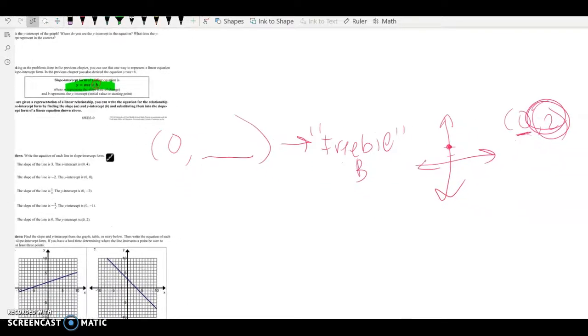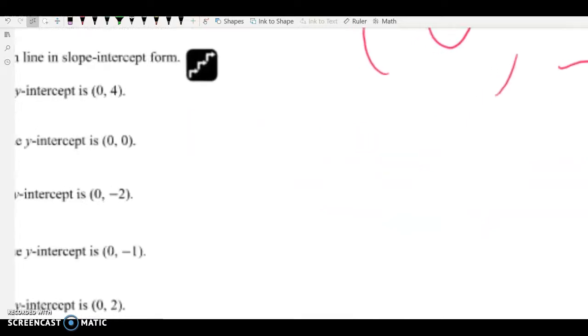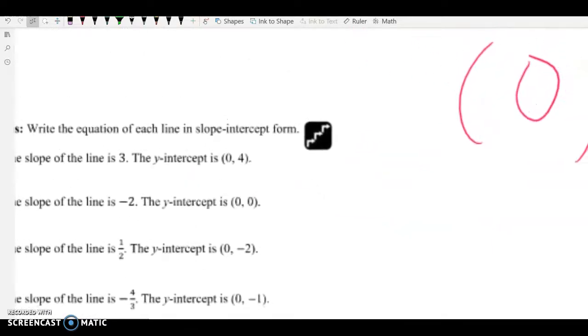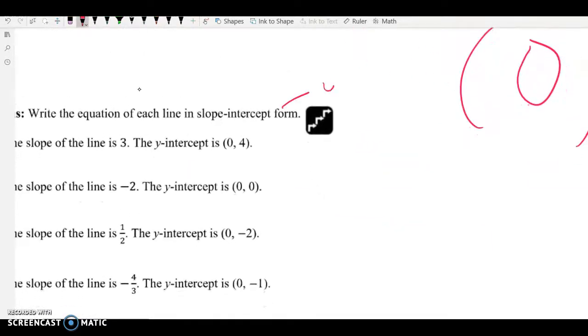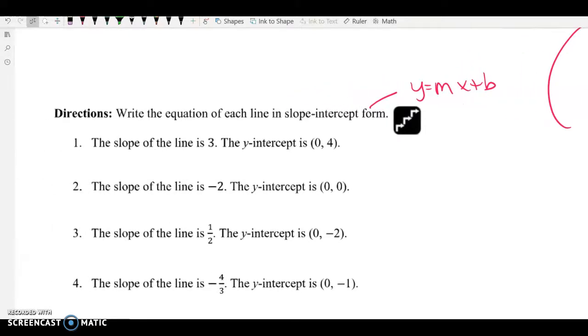So over here, it says, write the equation of a line in slope-intercept form. Well, I know slope-intercept form is y equals mx plus b. Easy peasy. The slope of the line is 3. So my slope is m, that'll be 3. So I get y equals 3x plus 4. That's my free y-intercept.